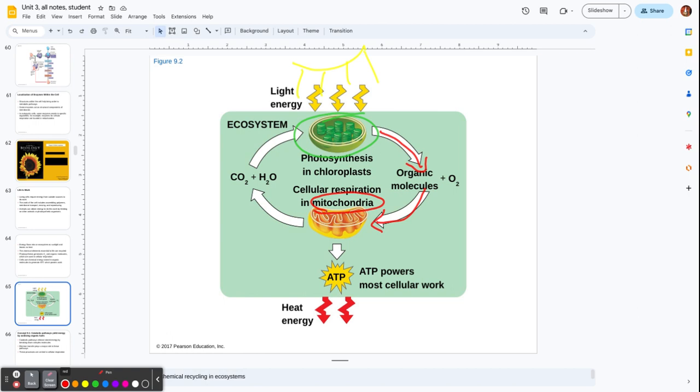And then from there, that mitochondria and cell respiration produce ATP. They produce our energy that then we can use to do whatever we need to in our body. Moving things around, breathing, thinking, dividing cells, whatever it happens to be.